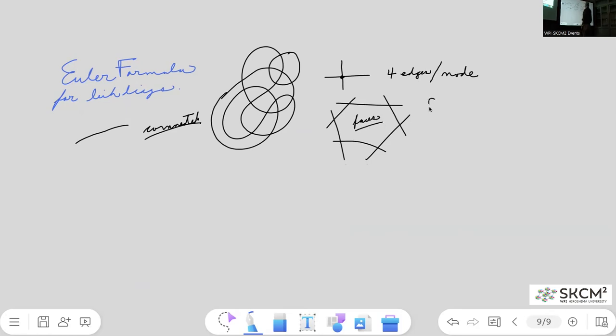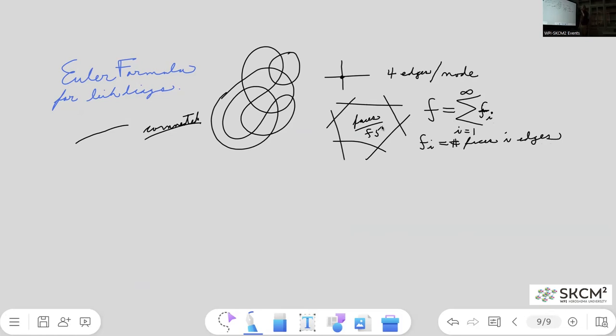And we can say that the total number of faces is equal to the sum over i equals 1 to infinity, if you like, of f sub i. So, in other words, f sub i is equal to the number of faces with i edges. This is 1, 2, 3, 4, 5. This is an F5.